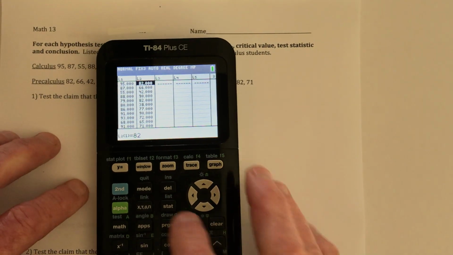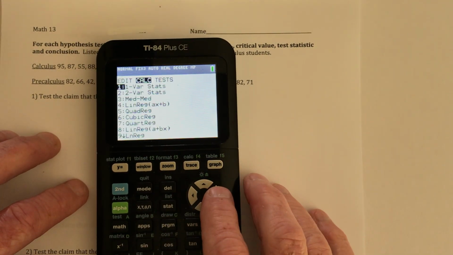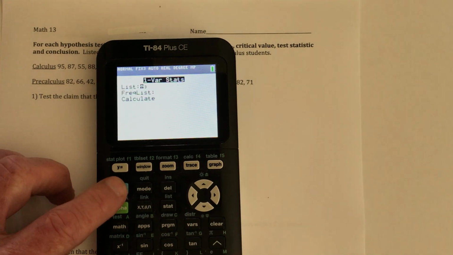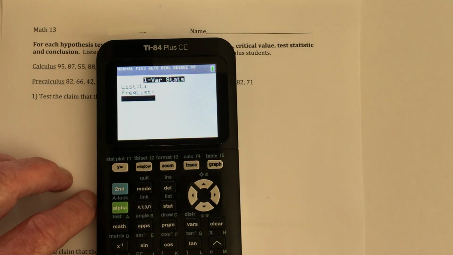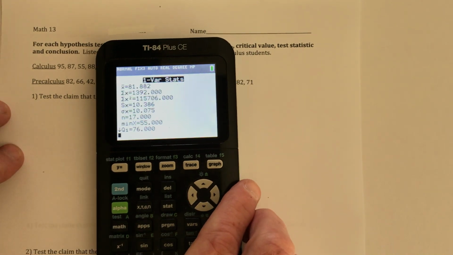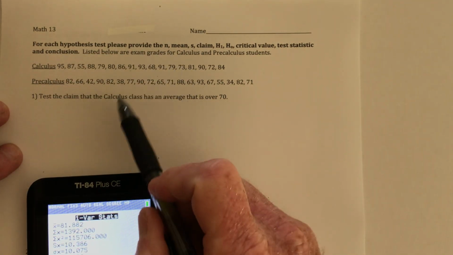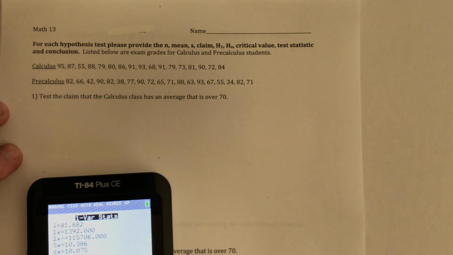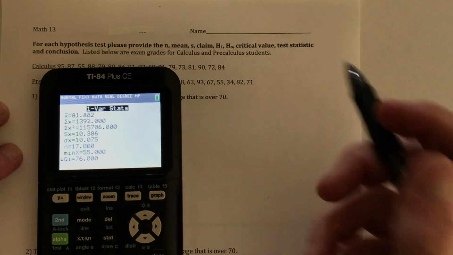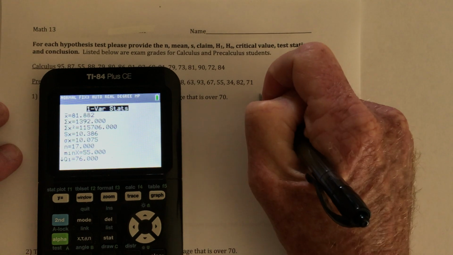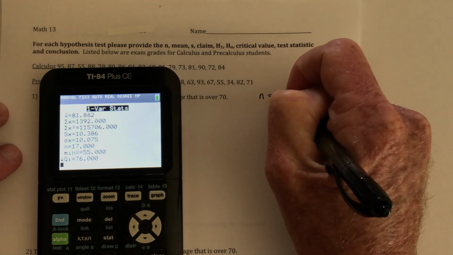Okay, so I just go to the stat, calculate the one variable statistics, and then tell it list 1. And it says that the average, so I'm just going to write this down on the side. So this first question is about the calculus students. The next one is pre-calculus. So for one, there's 17 students, so I've got n equals 17.